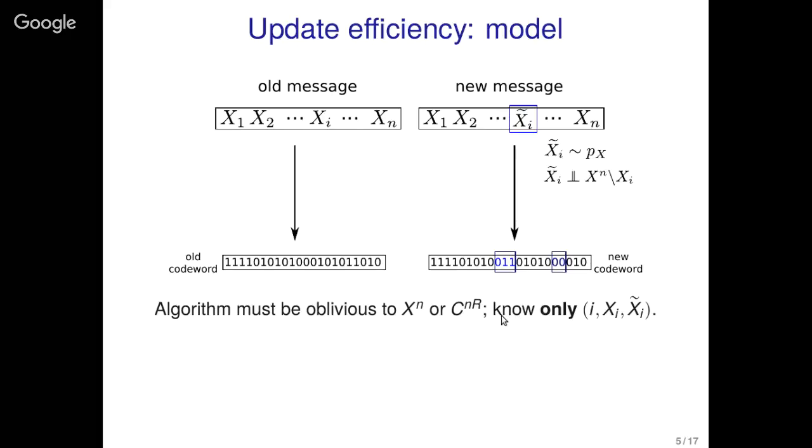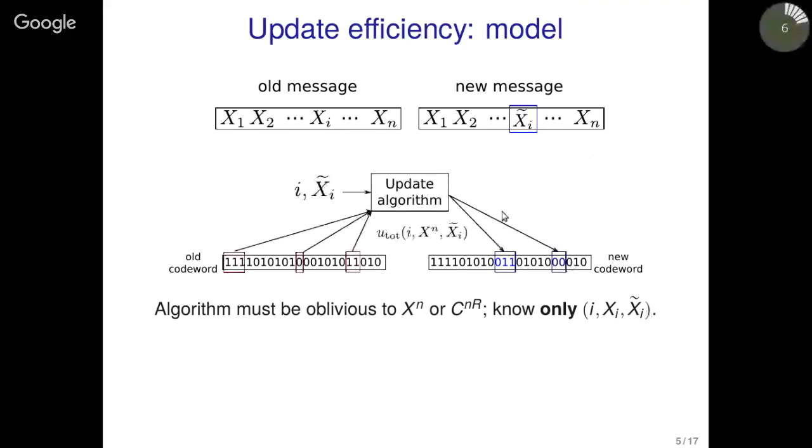The only thing that the algorithm is given is the location of the symbol, perhaps the old symbol and the new symbol. So in other words, the update algorithm takes input i and xi tilde and possibly xi. Using this, it can choose to probe a small number of code word bits.